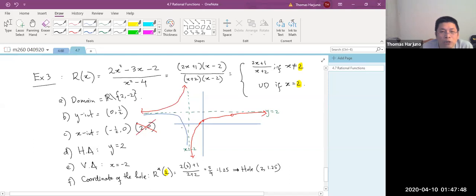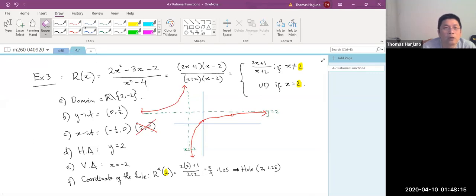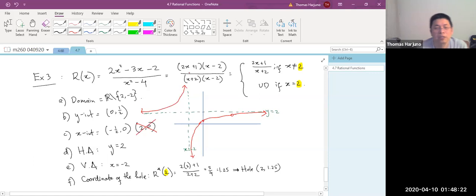I should have an extra X-intercept here, which I don't. According to my computation, I have only the X-intercept -1/2, not here. That's the first reason we know the graph comes from the horizontal asymptote and goes to positive infinity at the vertical asymptote.